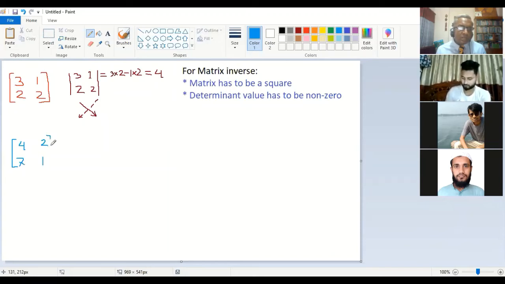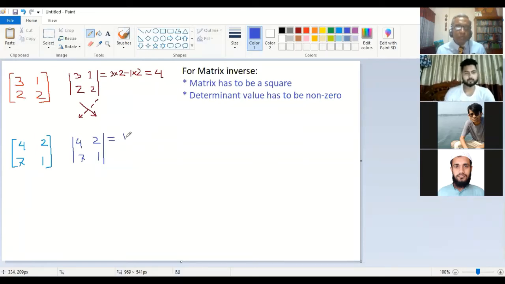So this is another matrix, and a matrix does not have a value, but the determinant of that matrix will have a value. So the determinant will be the same numbers, just with straight vertical lines, not a bracket. So you can have the determinant like this, and you can find out the value of this determinant.